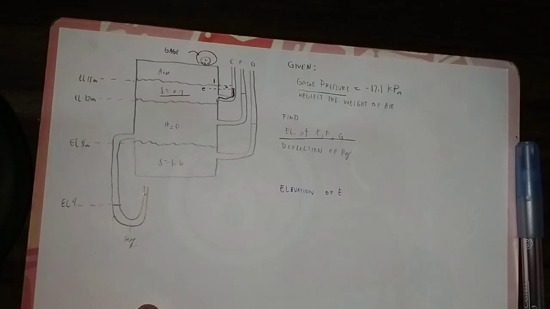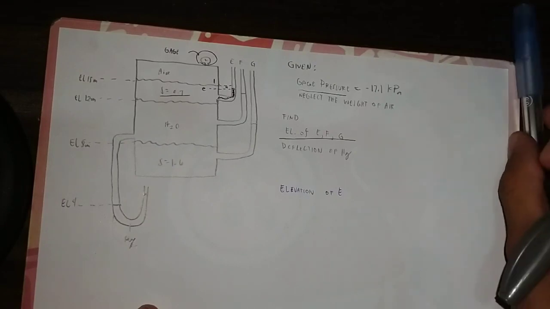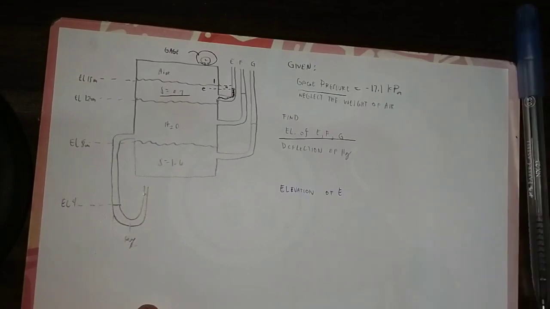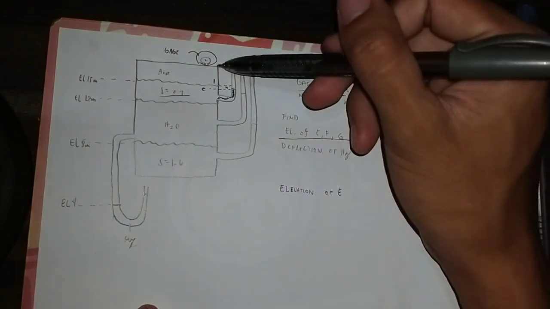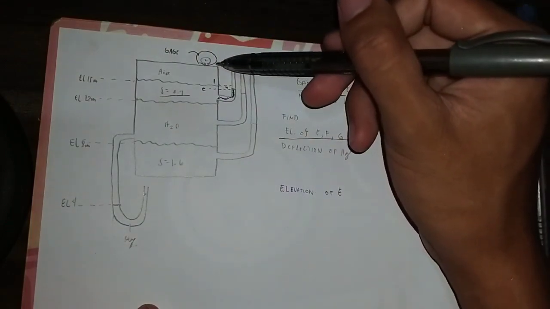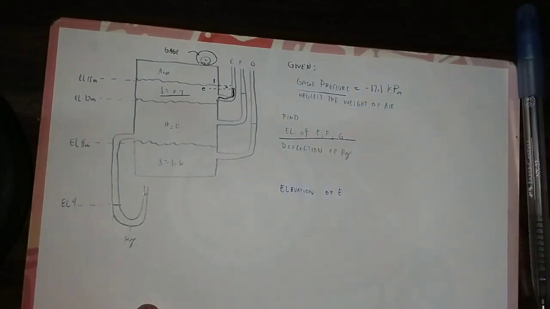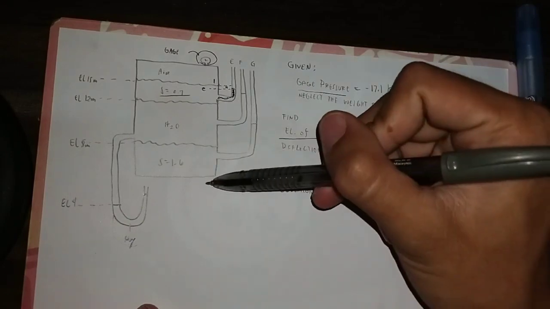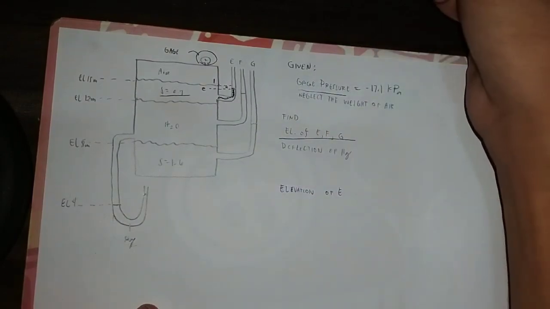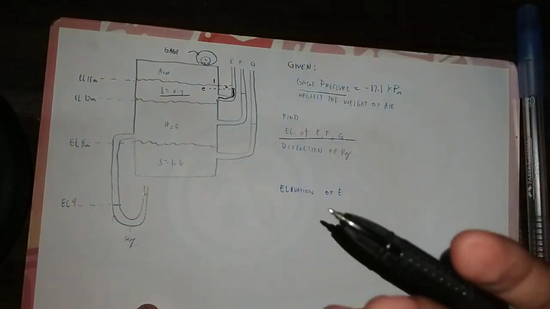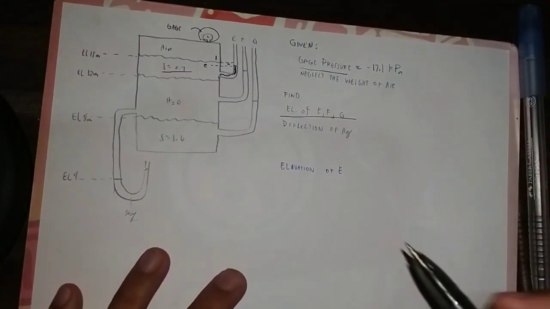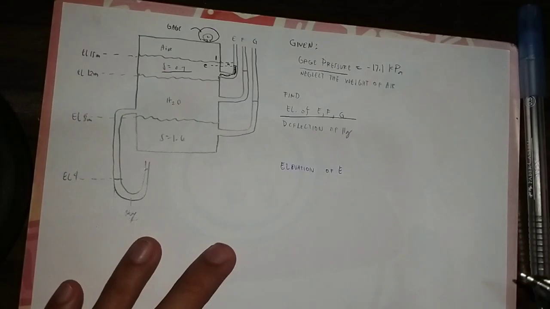Keep in mind that when we are measuring the summation of pressure heads in water from above to below, the sign should be positive. However, if we're measuring the summation of pressure head from below to above, our sign is negative. So let us try here the elevation of E.